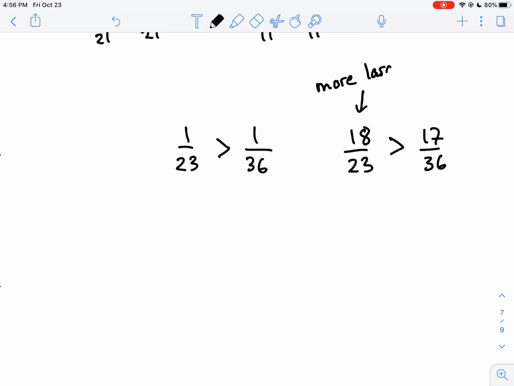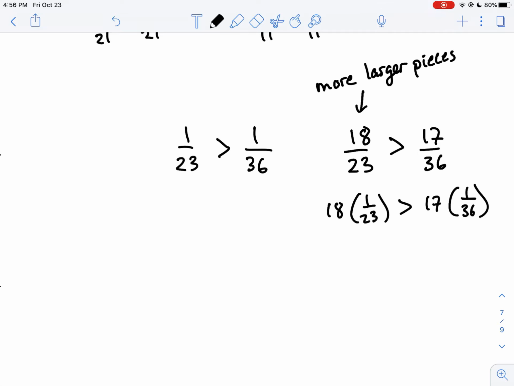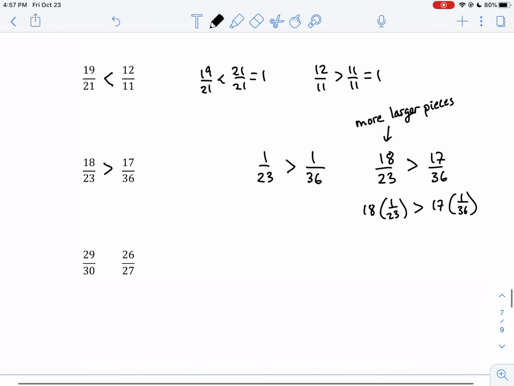Sometimes it's said we have more, meaning the 18 larger pieces. Because really this 18 is 18 copies of 1/23. And that's more than 17 copies of 1/36. So you have larger pieces to begin with, and then you have more copies of that, and then you're definitely going to have a larger result.